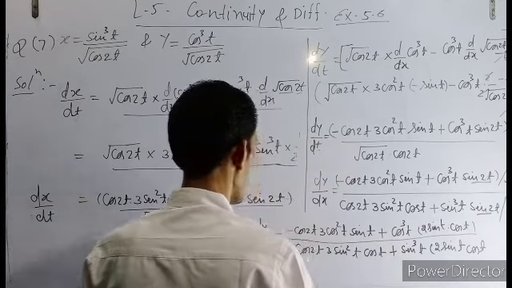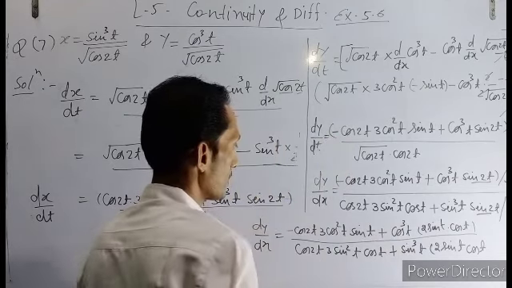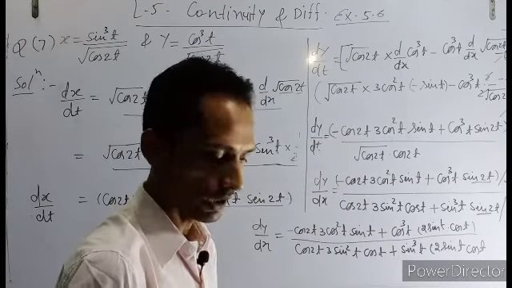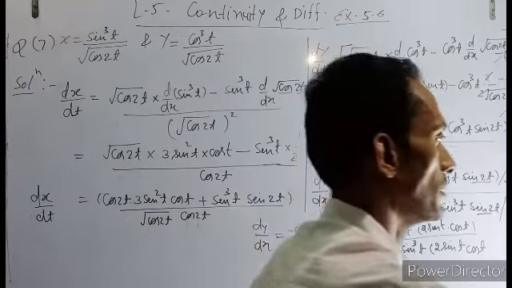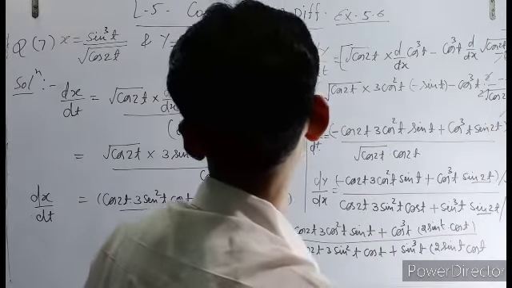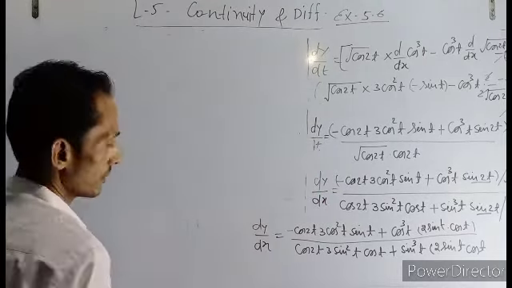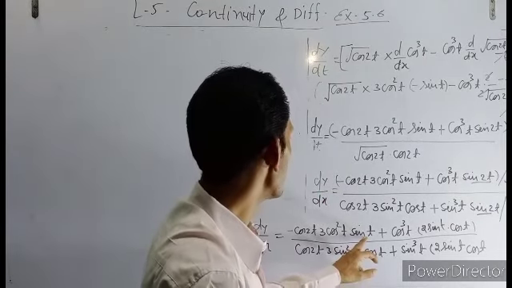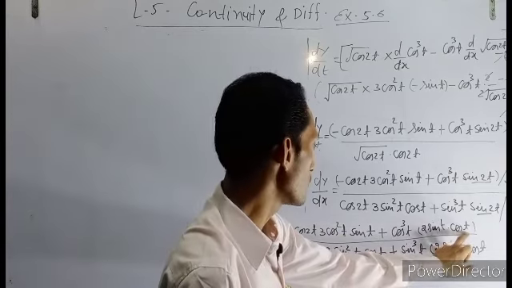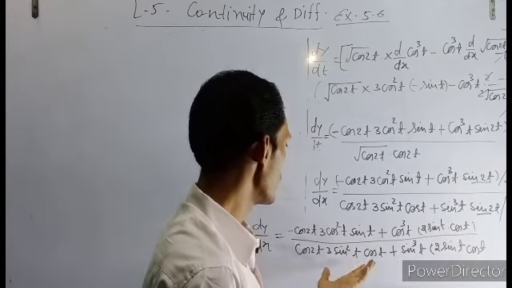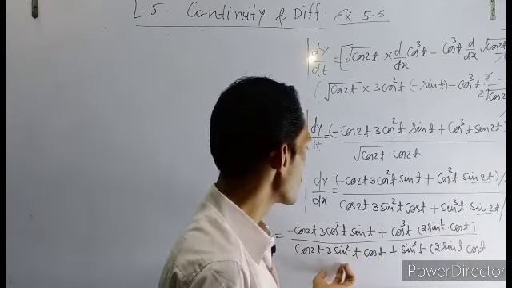Okay, after this we just have to simplify. Observe that sin t cos t is here, and sin t cos t here, so we can take out the common. Similarly in the denominator also, sin t cos t.